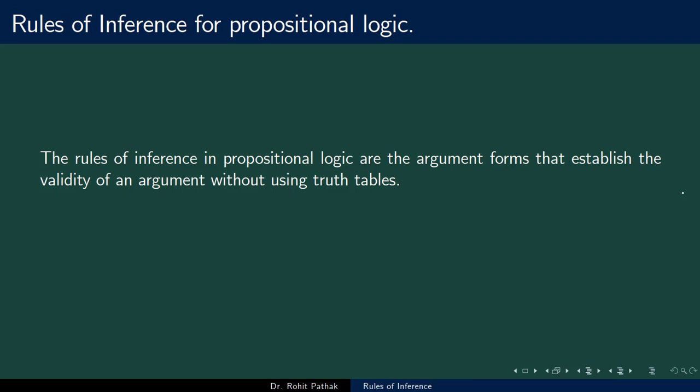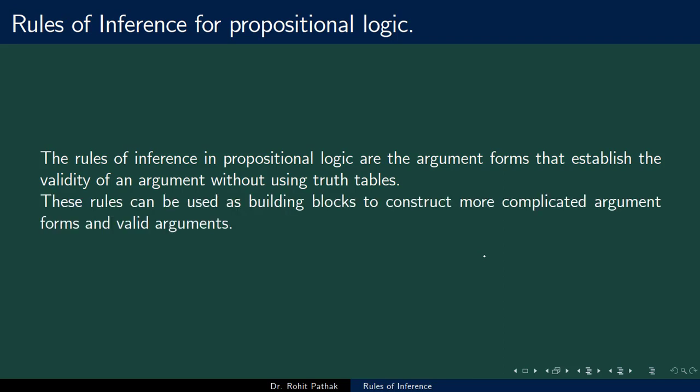But there is another way. We can use rules of inference. That means rules of inference are certain arguments or argument forms that establish the validity of an argument without using the truth table. So you will not be required to use a truth table, and without it you can find whether an argument is valid or not.